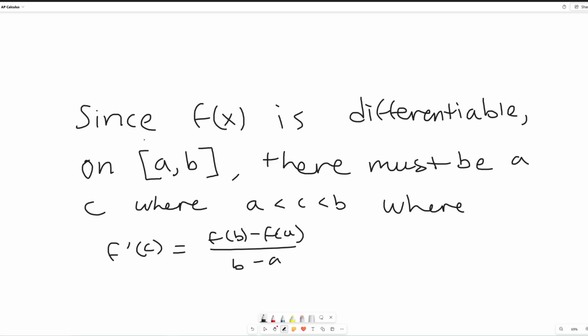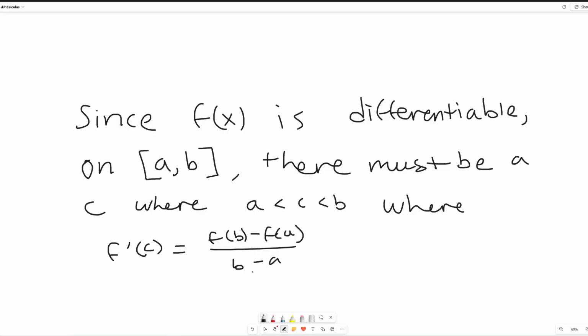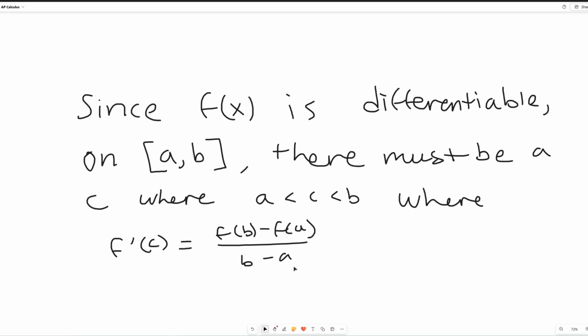So, it's differentiable on a, b, and between a and b, there's at least some point where the derivative will equal the average rate of change. This is essentially MVT. If you write it out like this, then this will be a full credit response.